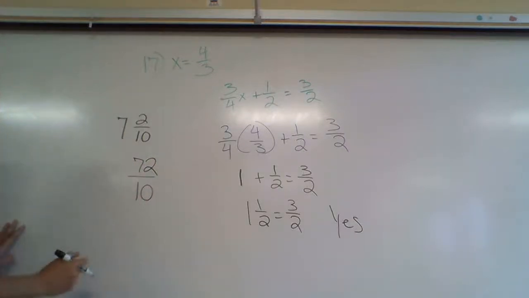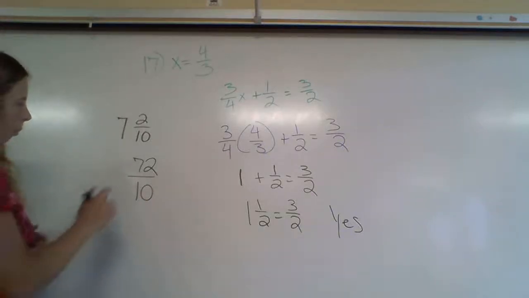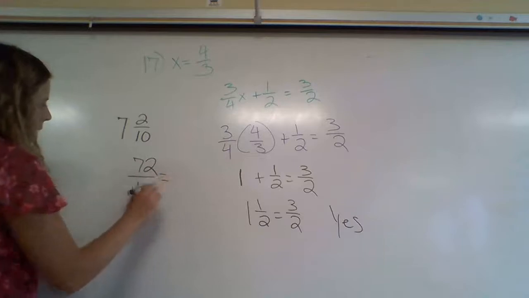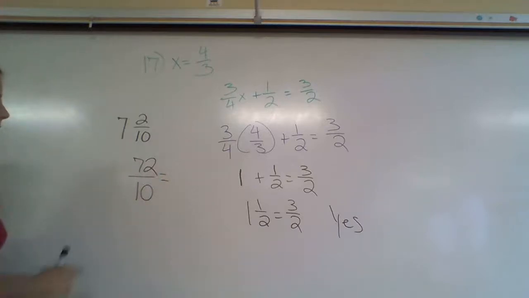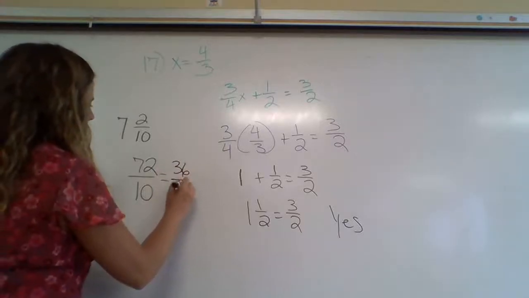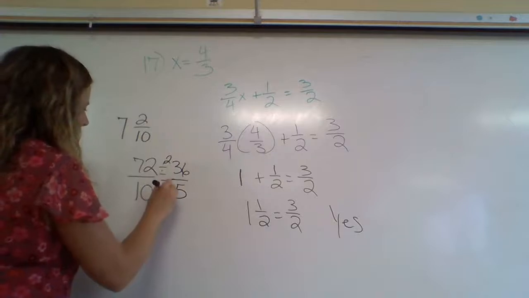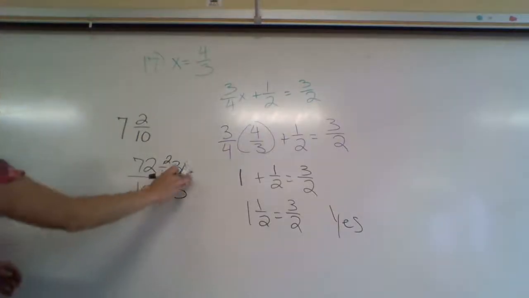You could also reduce this: 72 over 10, they're both even numbers, so I'm going to divide them both by 2. That gives me 36 over 5. Just simplifying your fractions, and you can't simplify any further.